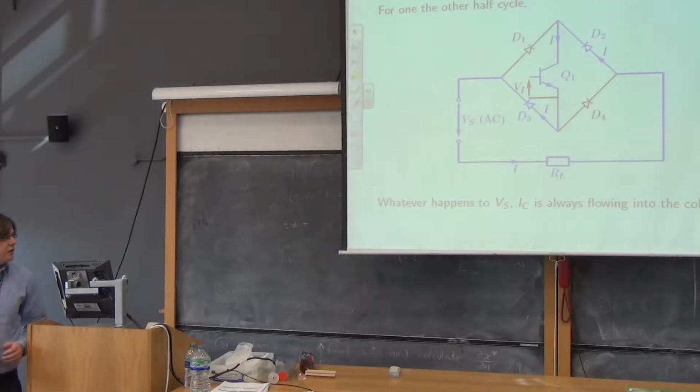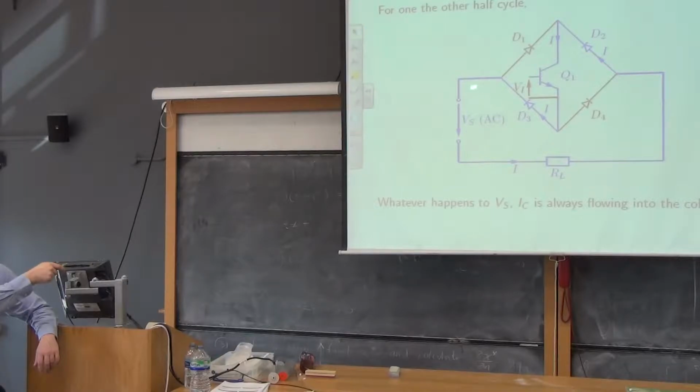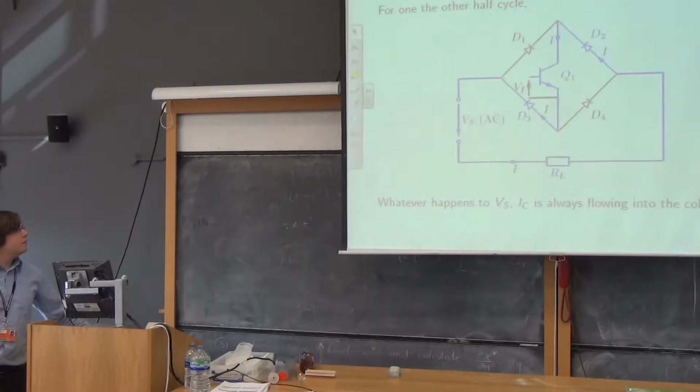For the other half cycle, so the second bit of that graph, VS has changed direction, and we've got current flowing from our left to our right, which is the opposite of what we had before, which was from our right to our left. So we have AC current in the load, but we have DC current in the transistor.